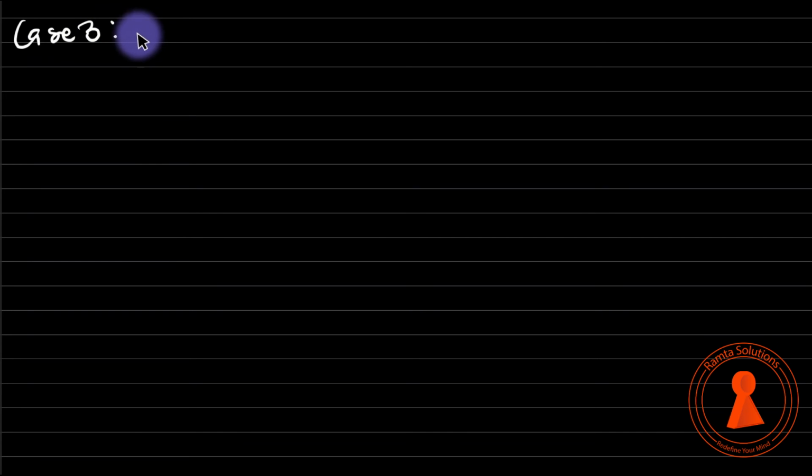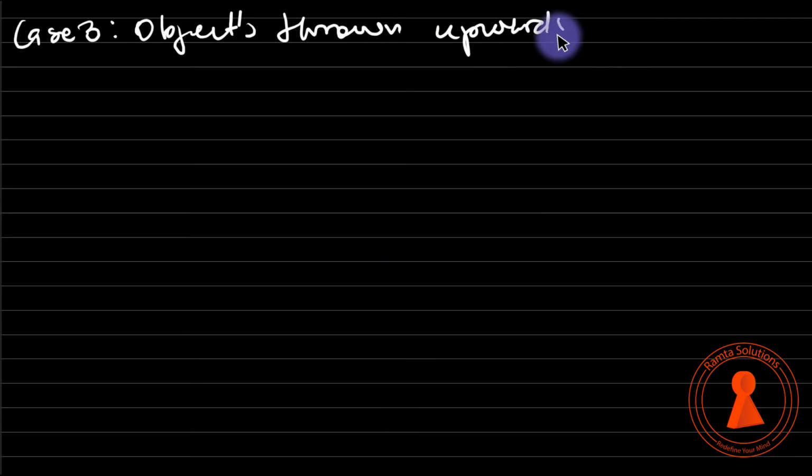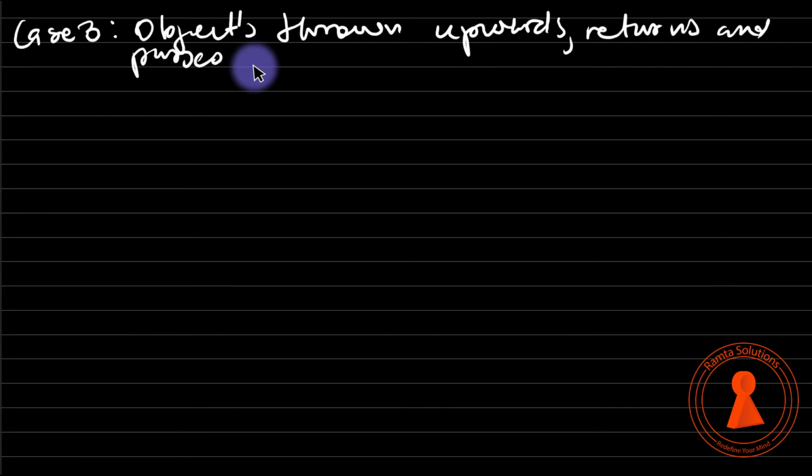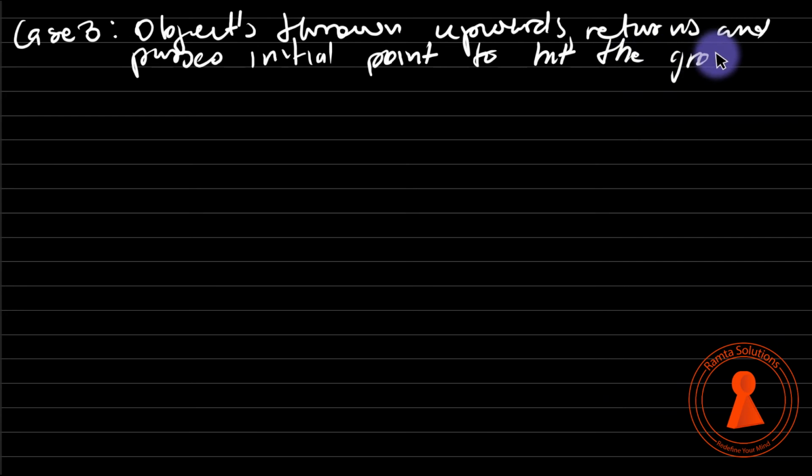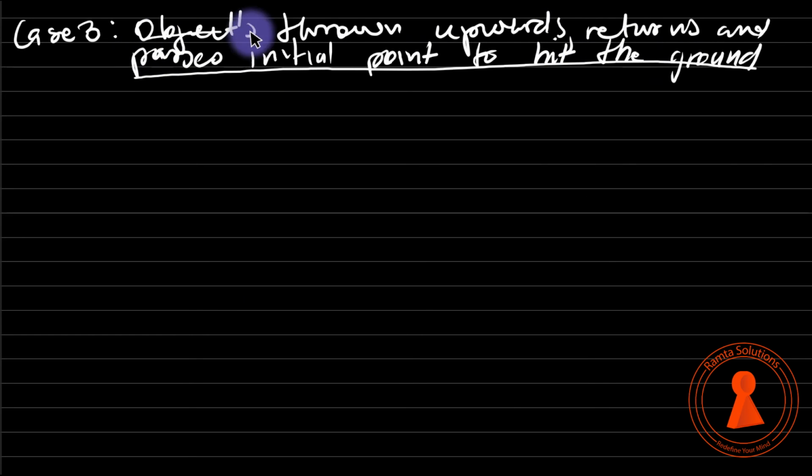Case 3, this is where the object is thrown upwards, returns, and passes the initial point to hit the ground.